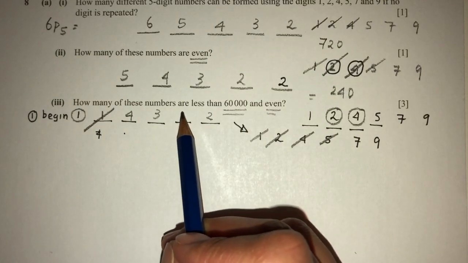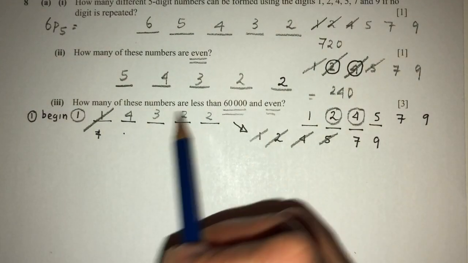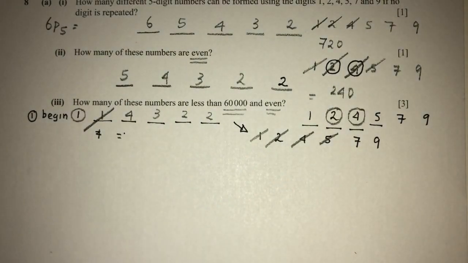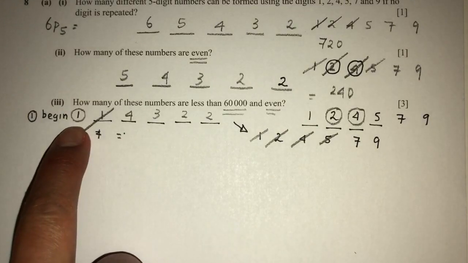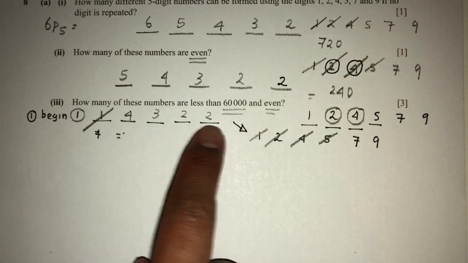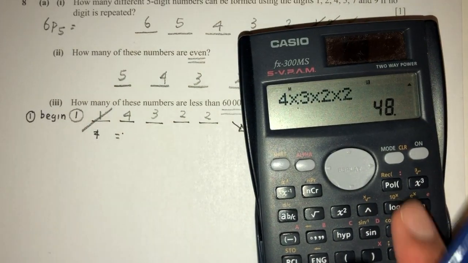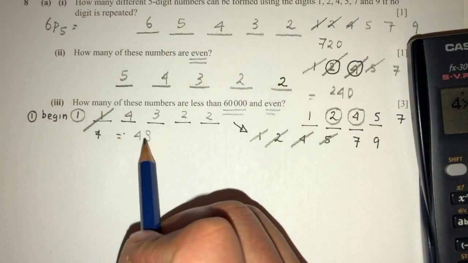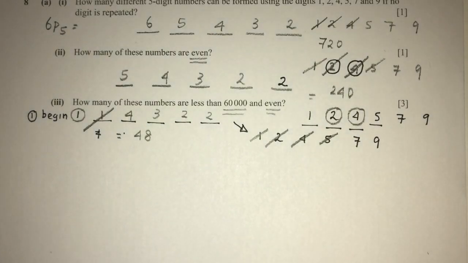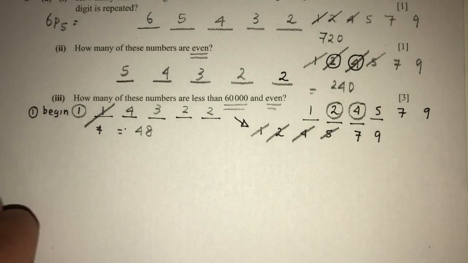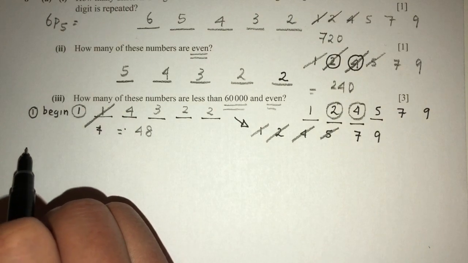And for this number here, I have 2 choices. So the conclusion is, if I begin with 1, which is an odd number, I will have this many ways, which is 4 times 3 times 2 times 2. That will be 48. Okay, so basically, if I begin with 1, which is an odd number, I will have 48 choices or numbers.